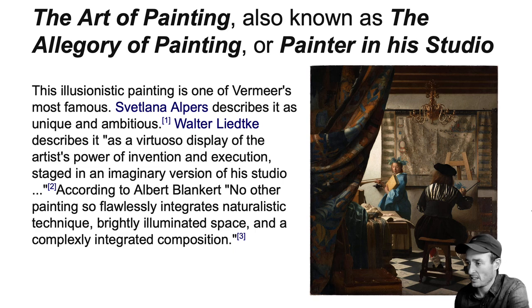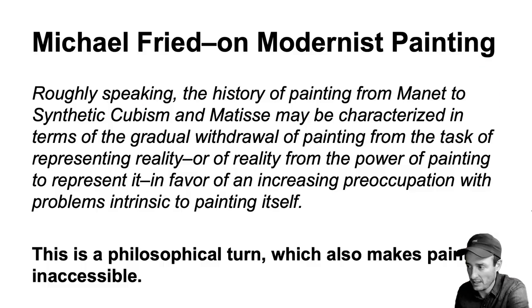According to Blankert, no other painting so flawlessly integrates naturalistic technique, brightly illuminated space, and a complexly integrated composition. So we're just hashing out some of these metrics by which paintings or artworks are deemed good, right?